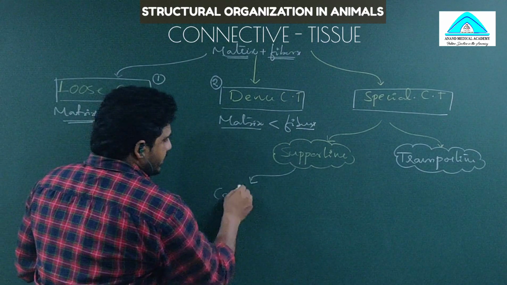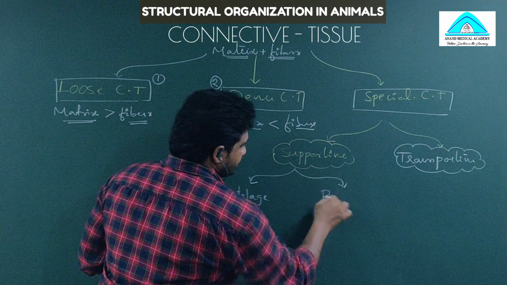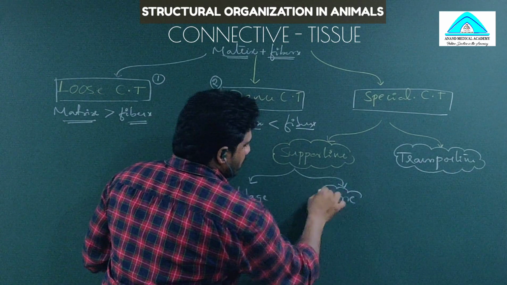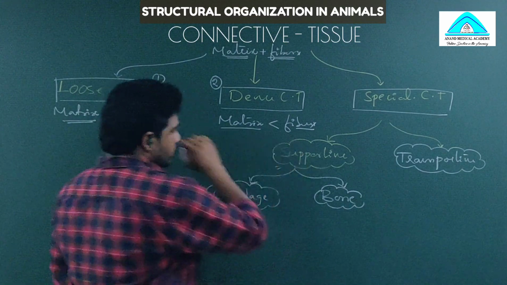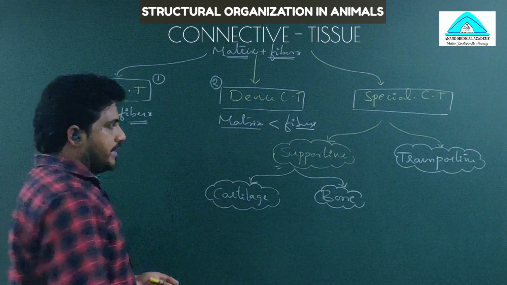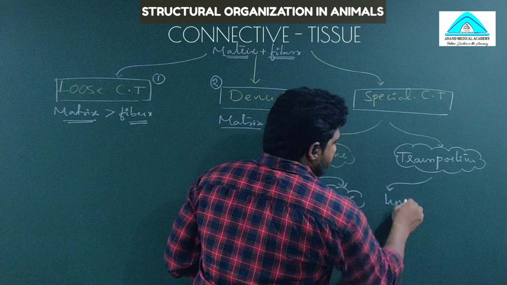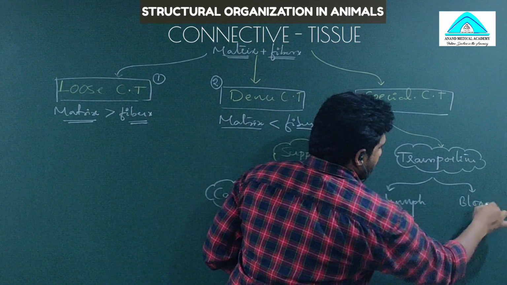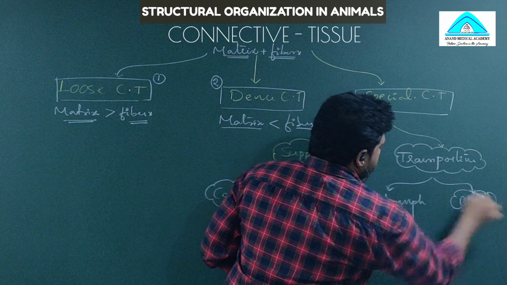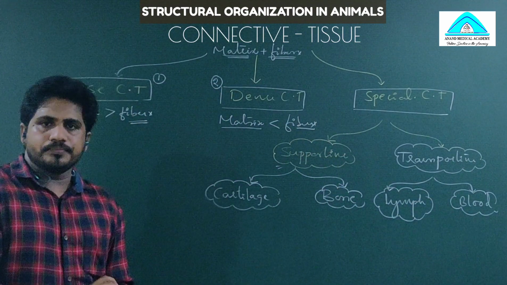Here cartilage and bone come under it. Both cartilage and bone give support, framework to our body, so they are supportive, mechanical. Whereas in transport, we have lymph and blood. Lymph and blood together are called transportive connective tissue.